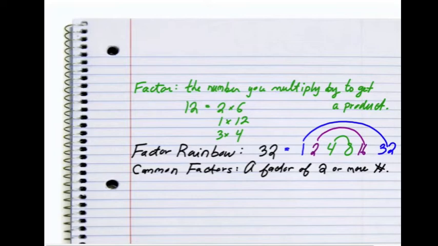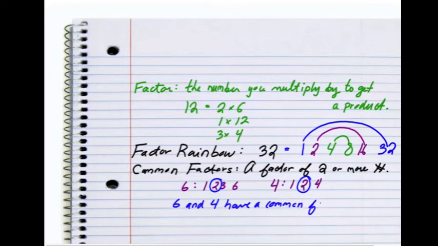A good example of that is the number 6 has the factors 1, 6, 2, and 3, while the number 4 has the factors 1, 4, and 2. The number 2 is a common factor because it occurs in both 6 and 4. So what you would say is 6 and 4 have a common factor of 2.